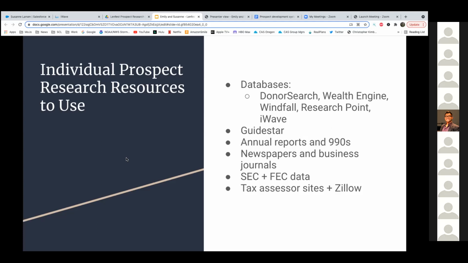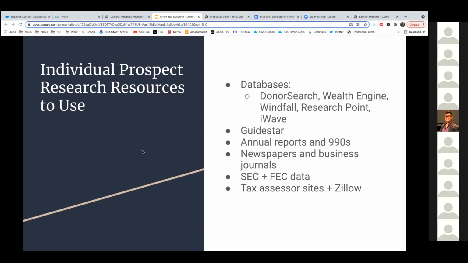Other nonprofit annual reports and 990s, so you can see who's giving to this organization at what amount. You can use newspapers and business journals to keep up with the comings and goings. FEC and SEC data is publicly available, so you can use that. And using tax assessor sites and Zillow is really helpful in determining wealth as well.